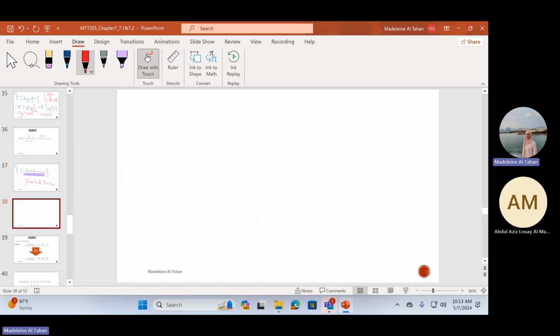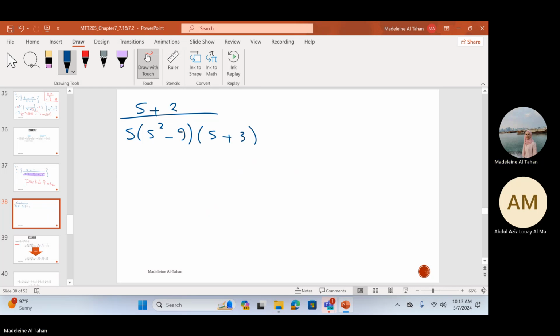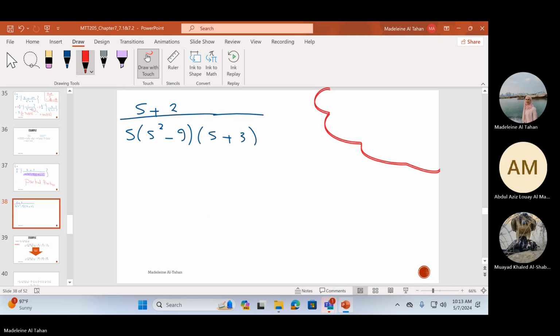Okay, so let's write this one down. S plus 2 over s into s squared minus 9 into s plus 1. A squared minus b squared is equal to A minus b into A plus b. So what will we get?